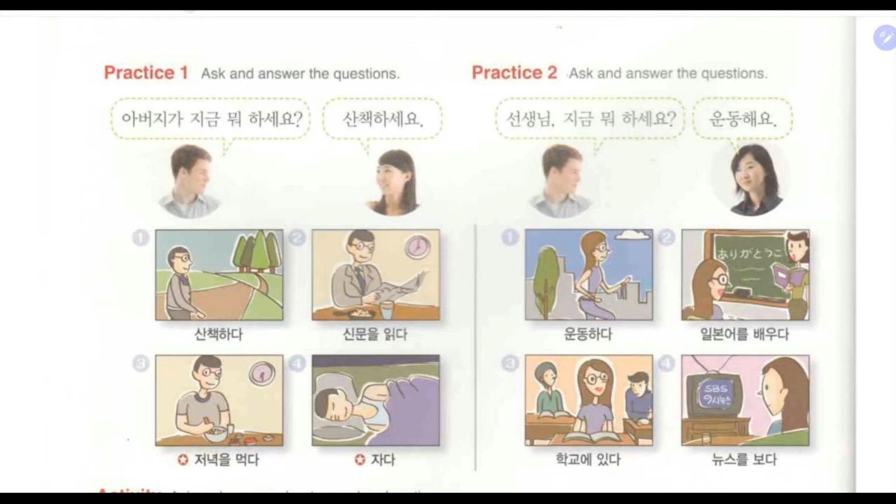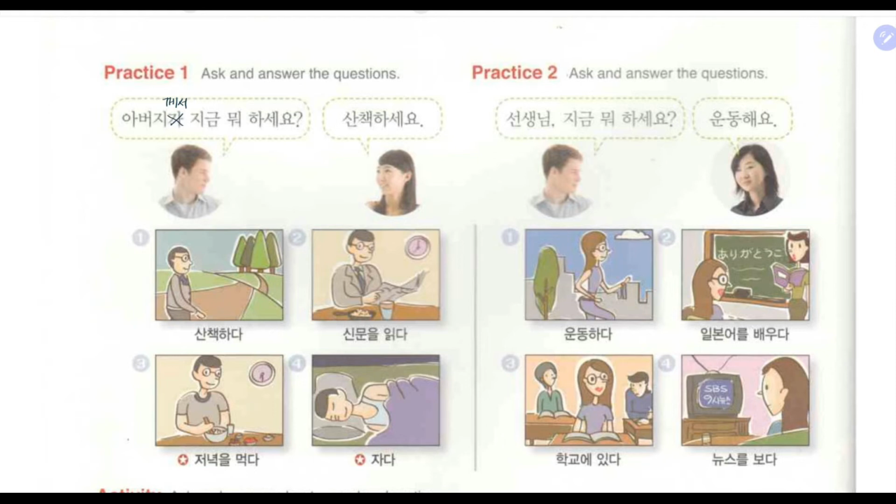Let's practice now. There are two different practice activities, isn't it? Find the difference. 자, let me read. 아버지가 지금 뭐 하세요? 자, shall we be perfect? Instead of 아버지가, I'll say 아버지께서 지금 뭐 하세요?